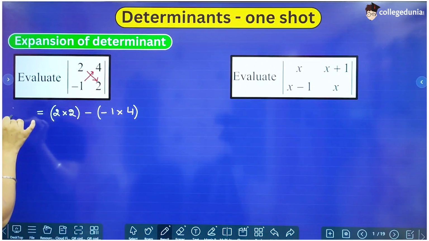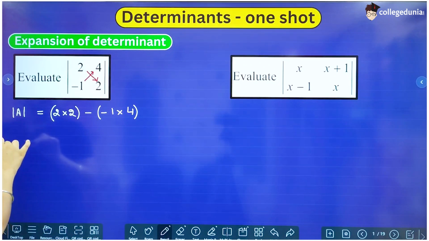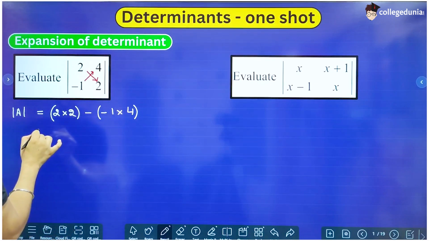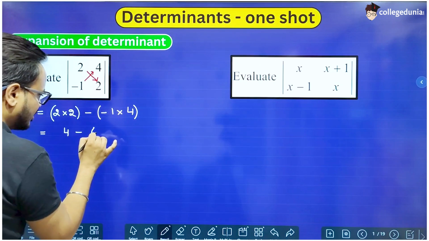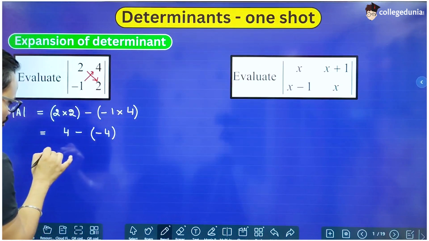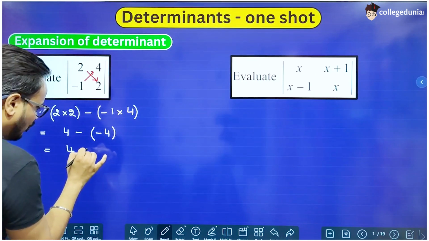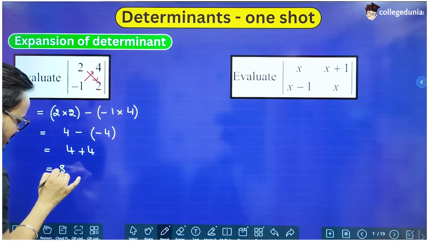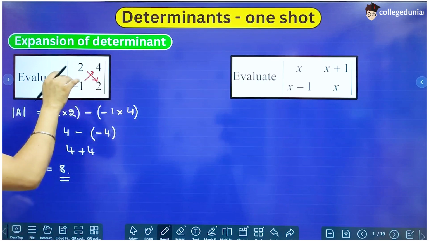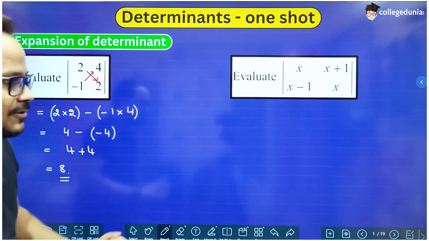So this will be the determinant value, let's call it A. So this is 2 into 2, 4, minus 4, so 4 minus (minus 4) becomes 4 plus 4. So the answer is 8. We will say that the determinant value of this is 8.